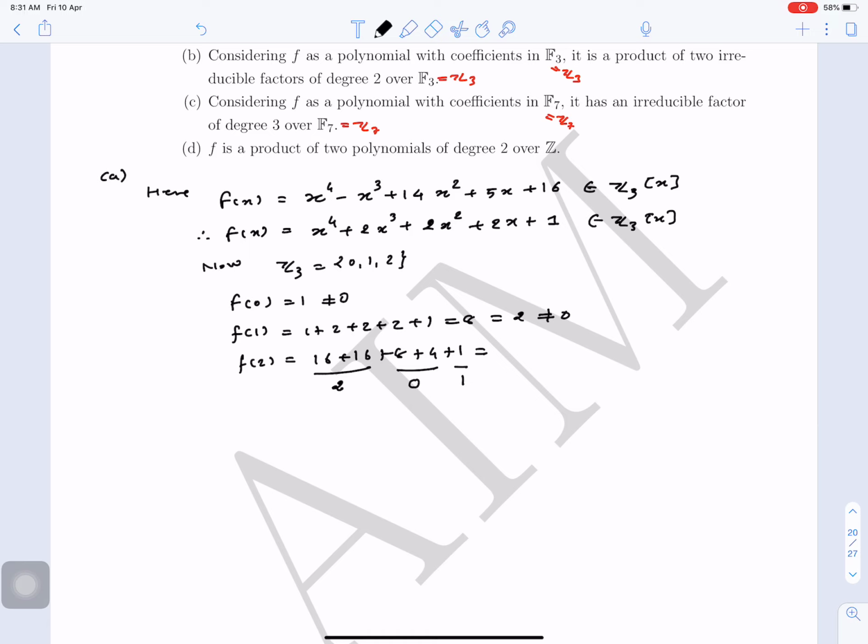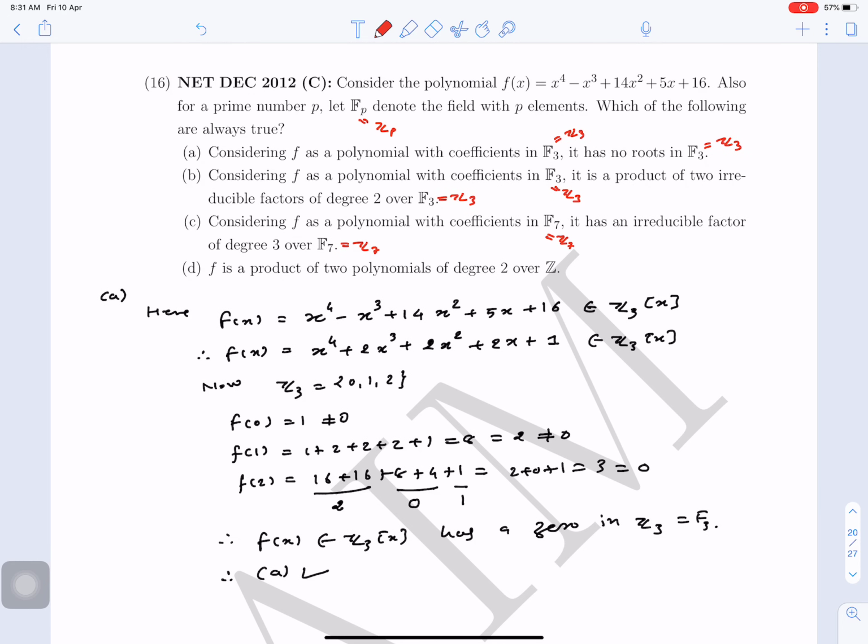So again it is 2 plus 0 plus 1, that is 3, and 3 is 0. So f(x) belongs to Z3[x] has a 0 in Z3, that is F3. So therefore option A is correct.